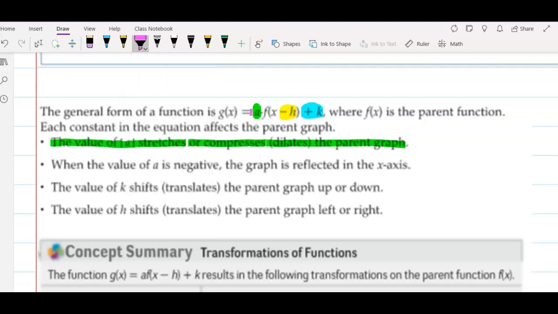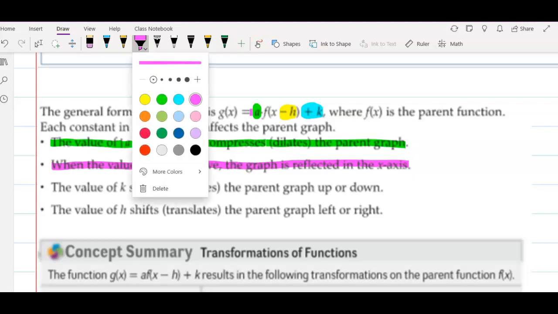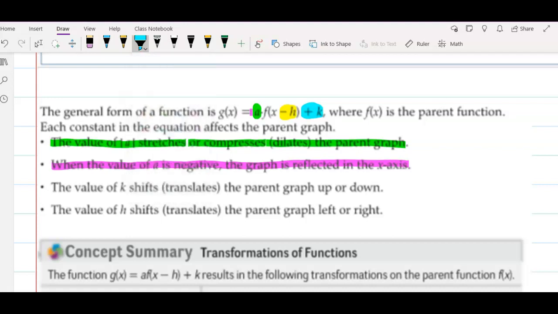I'm going to kind of put that right before it so that we can pretend that that's a negative. It's going to reflect in the x-axis. If we have a number k that is added, it will move it up. And if we subtract k, it will move down.